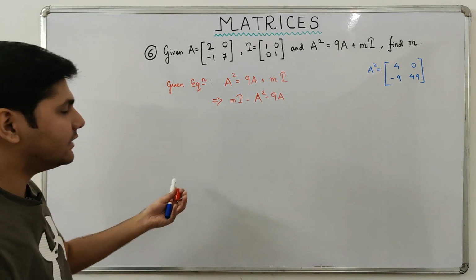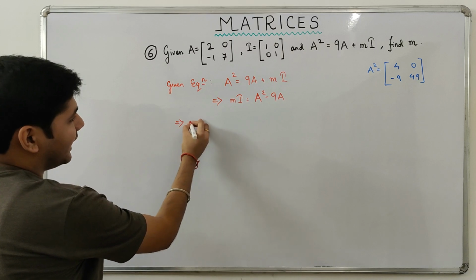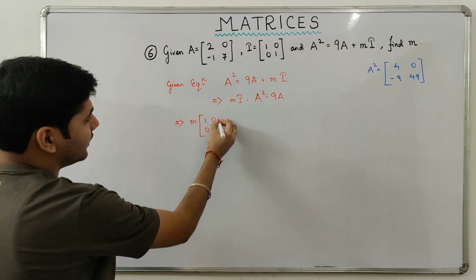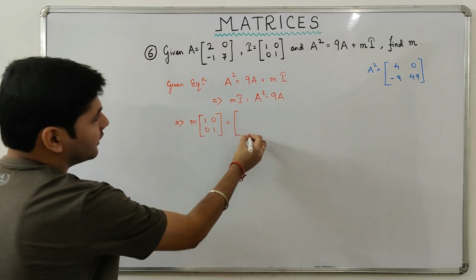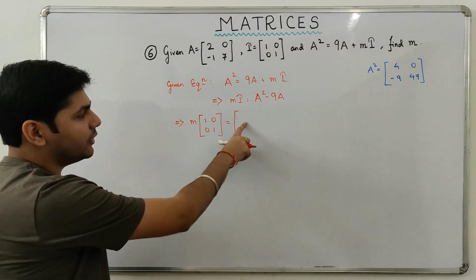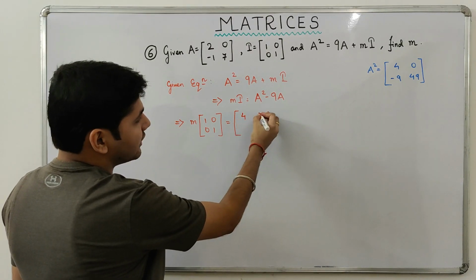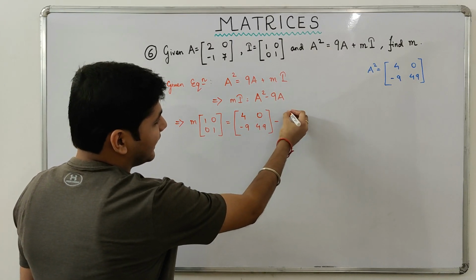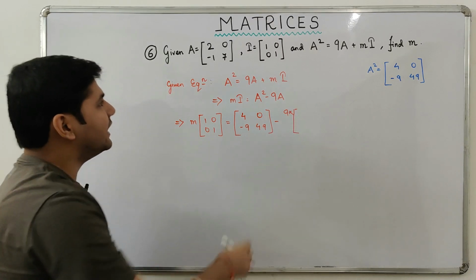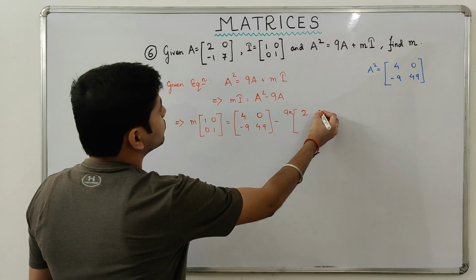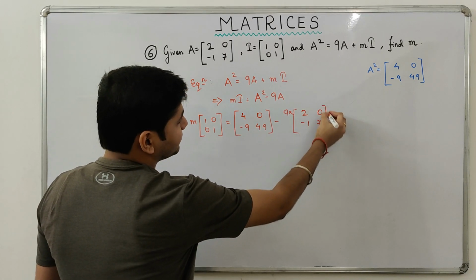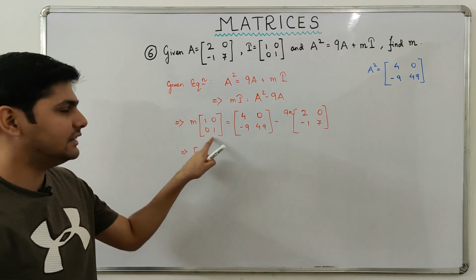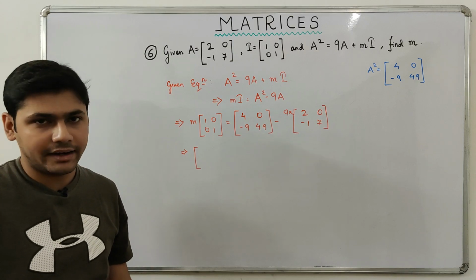Now let's put the matrices. So what we will have? M into I, that is [1 0; 0 1], is equal to A square minus 9A. So we have calculated A square, which is [4 0; -9 49], minus 9 into the matrix A, which is [2 0; -1 7]. Now this is the same thing as multiplying a number to a matrix.